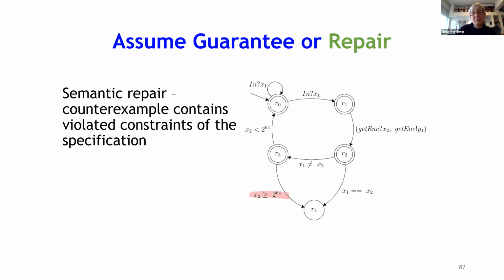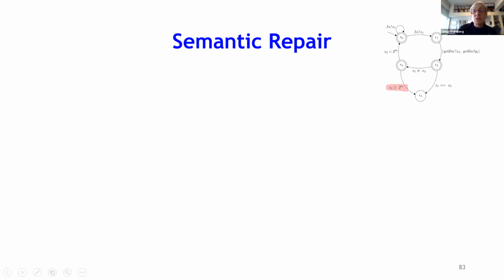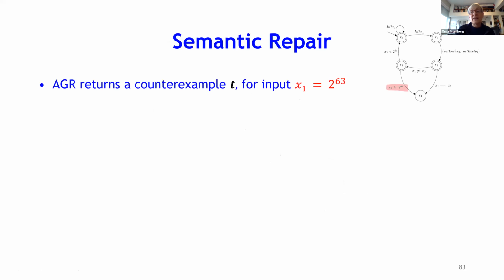Assume that we have a behavior of the program that together with the specification just got to the error state, while violating x2 greater than 2 to the 64 or violating x2 smaller than 2 to the 64. So what we do is take the counterexample, which is a run that got to the error state.